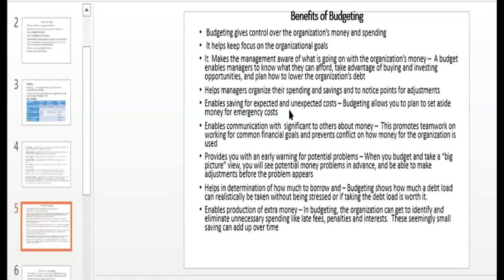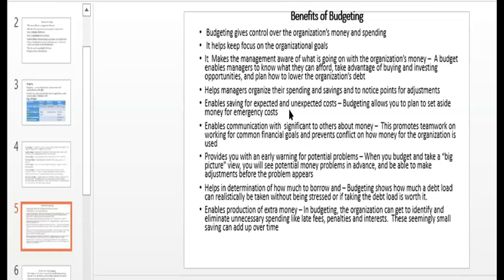It helps in determination of how much to borrow, and budgeting shows how much of a debt load can realistically be taken without being stressed, or if taking the debt load is worth it, right? So you can be able to measure yourself in terms of debt management. How much can you manage within the given period, all right? So that you go for the right debt, looking at the sources and the cost, right? So these are things that can be easily done if you have budgets in place.